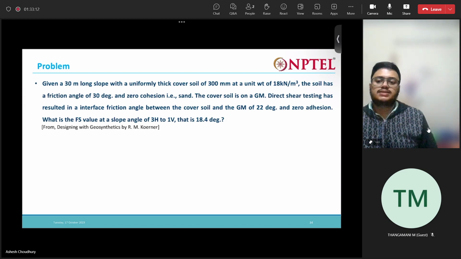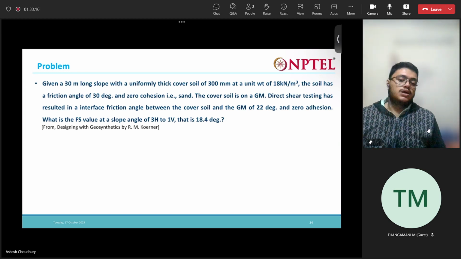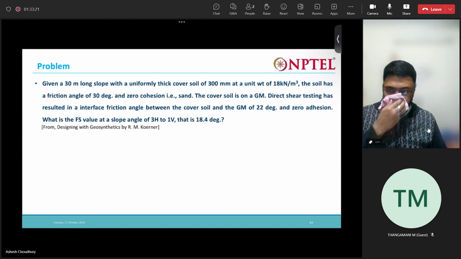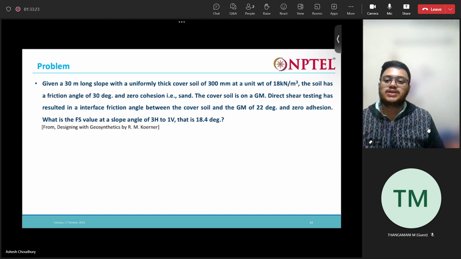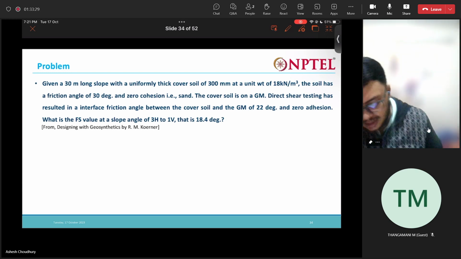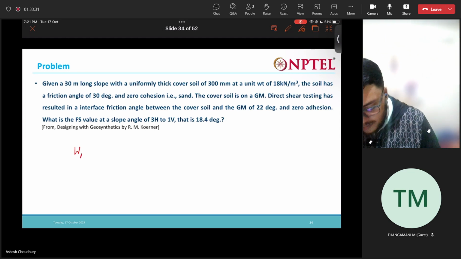Direct shear testing has resulted in an interface friction angle between the cover soil and the geomembrane of 22 degrees and zero adhesion. CA is 0. What is the factor of safety value at a slope angle of 3 to 1, that is 18.4? So directly we will put everything in the formula and find what was Wa.